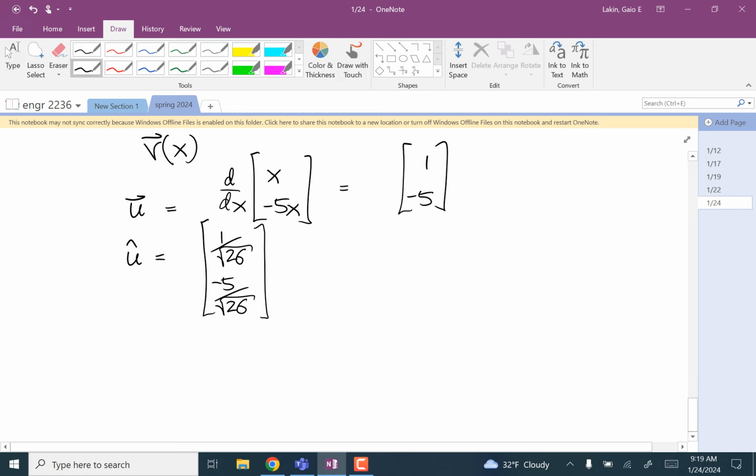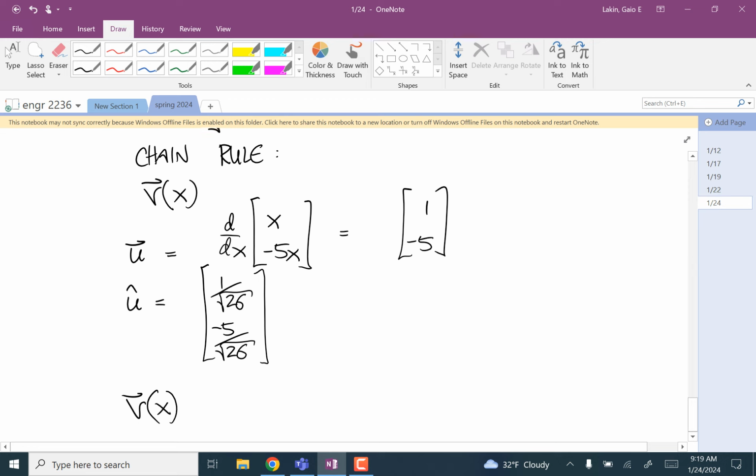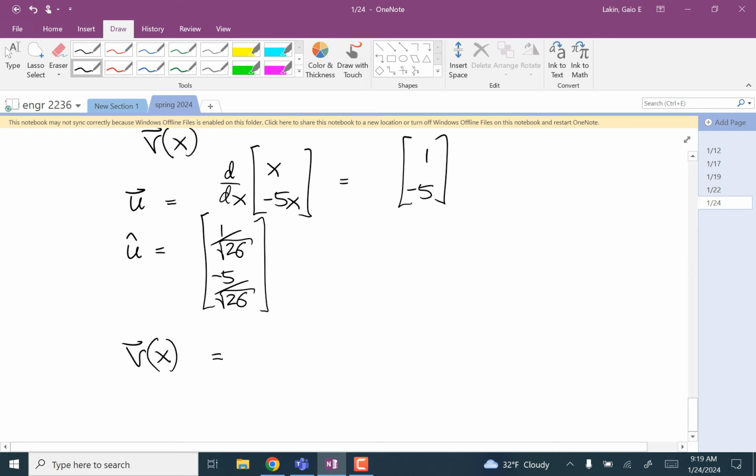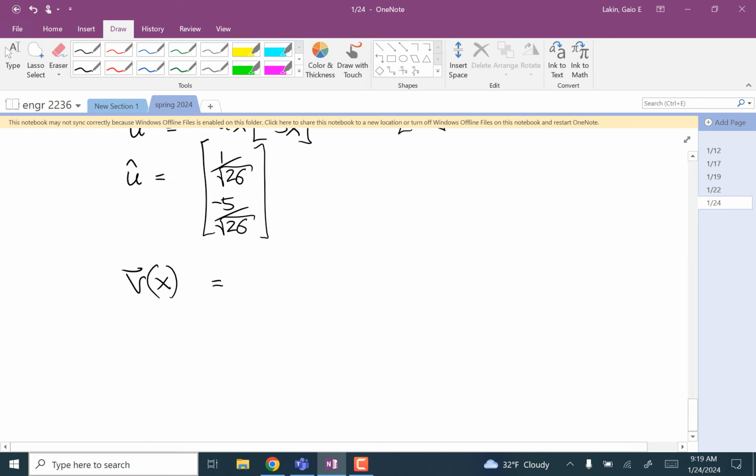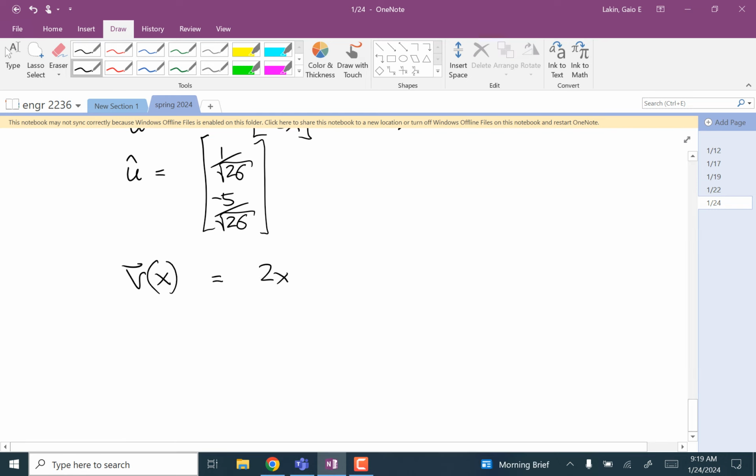And now to find the velocity vector as a function of x, we just multiply that unit vector representing the direction by the speed. The speed was 2x, so we have 2x times 1 over square root of 26, negative 5 over square root of 26.